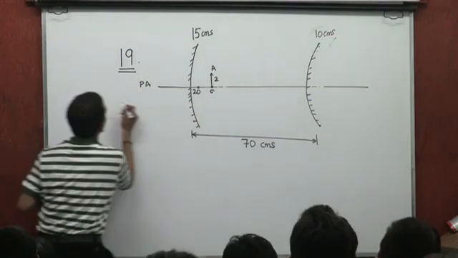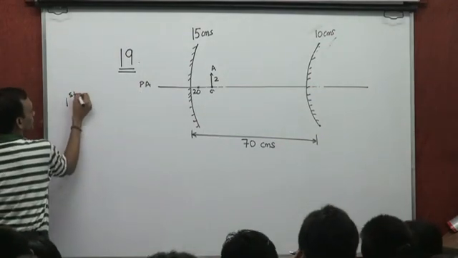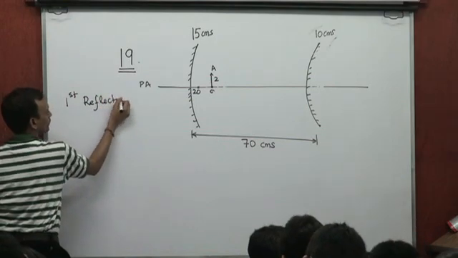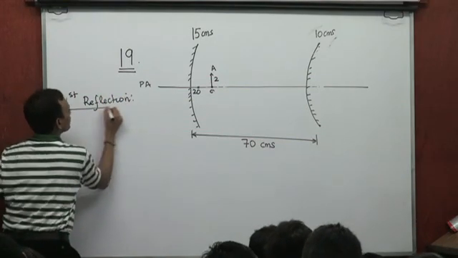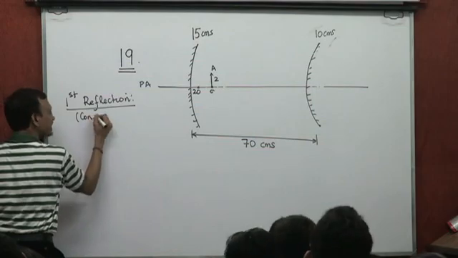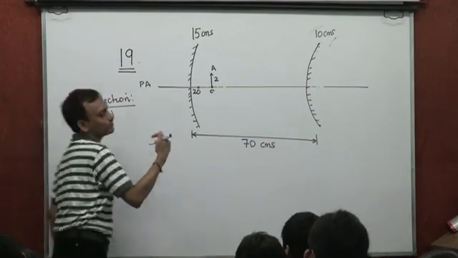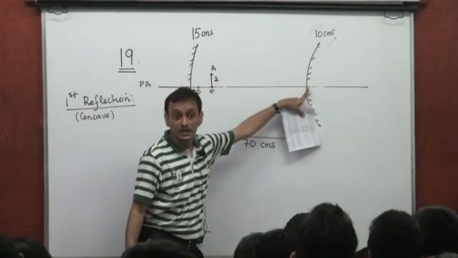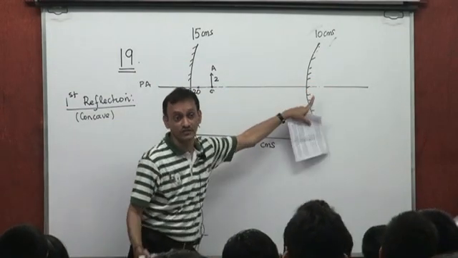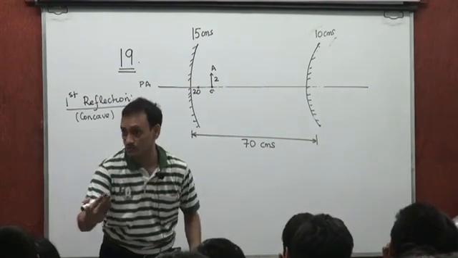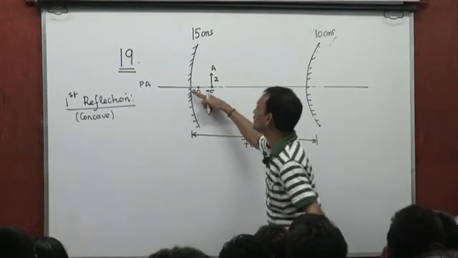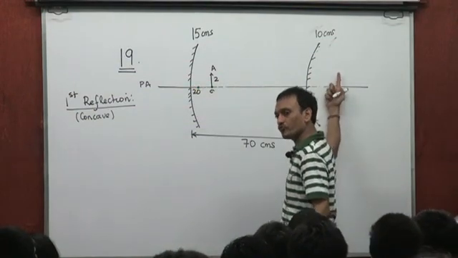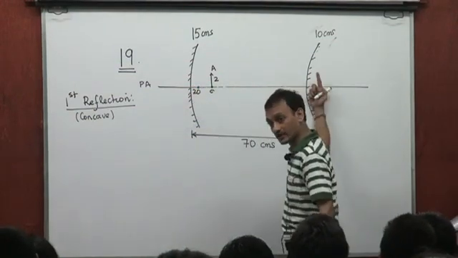So now, for the concave mirror, first reflection. That's given in the problem. Although, there would be two series of images obtained here. One series is obtained by the first reflection occurring on the concave and then on the convex, and then on the concave and then on the convex, and so on.